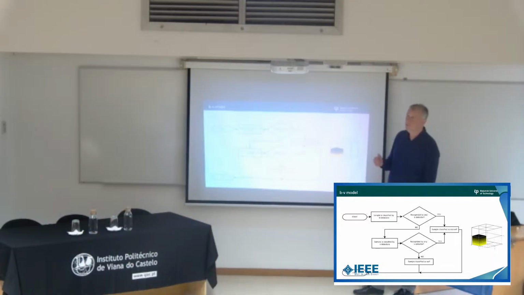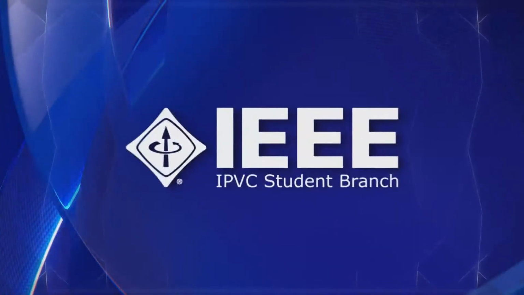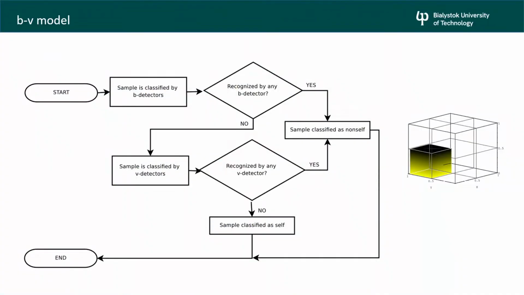So I told you about the B detectors and V detectors, and my proposition was to create a combined model. In this model, I propose to use both types of detectors. Because the B detectors are faster than V detectors, I propose to divide the classification process into two phases.